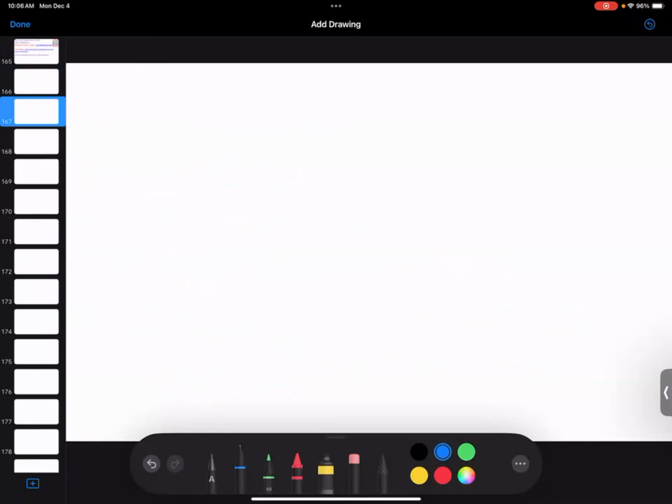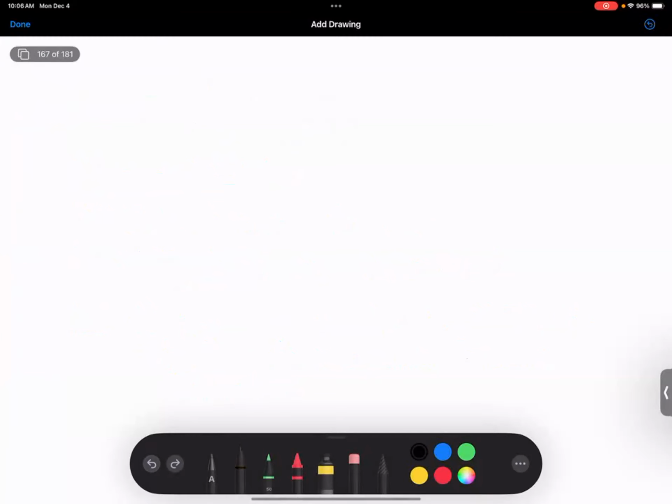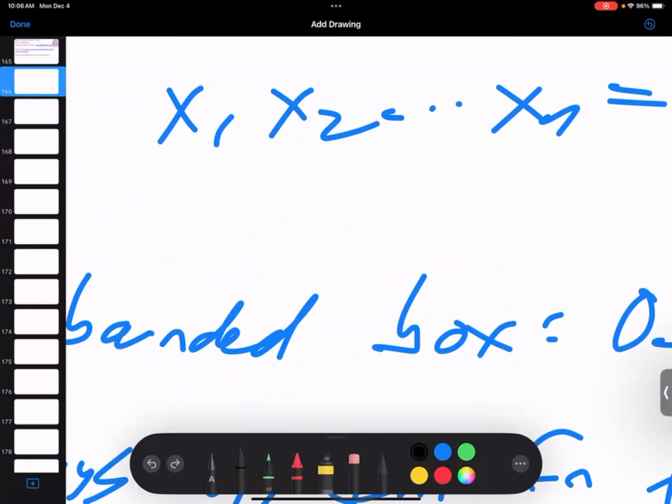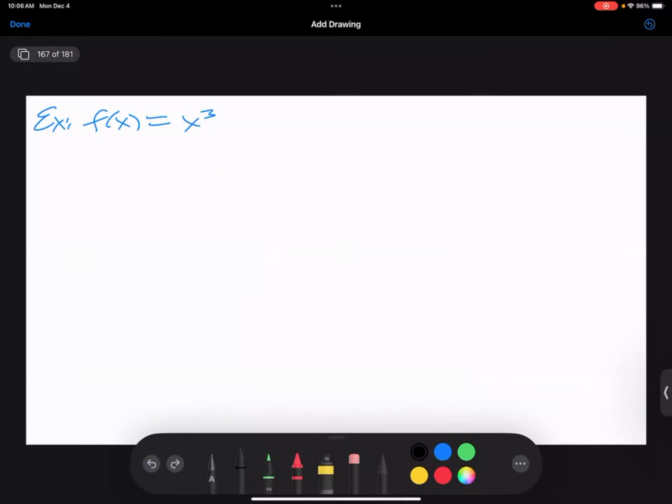So for example, if I give you the function f of x is x cubed, if I try to plot this function, the function is going to look something like this.